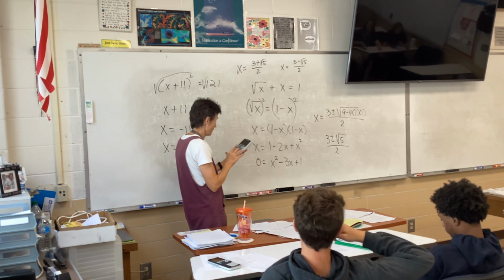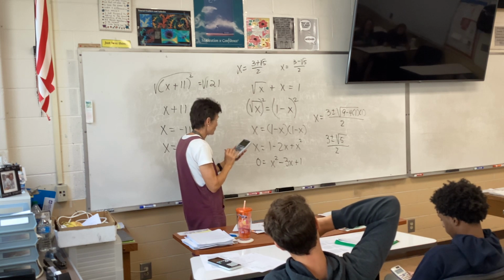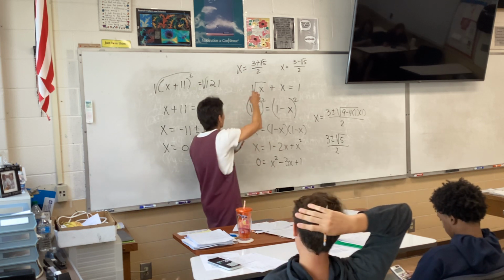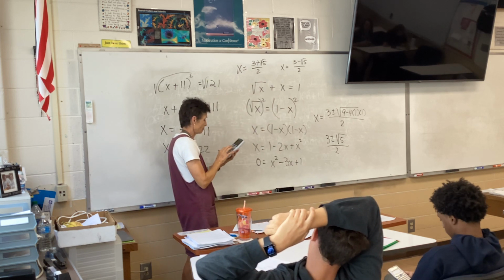So 3 plus the square root of 5, divided by 2. And I'm going to square root that. That's the number that's right here. So I'm going to square root that.